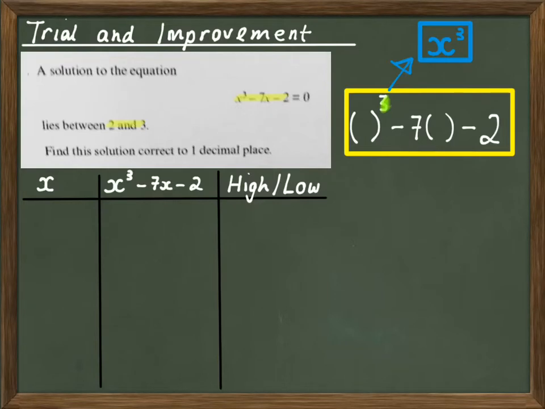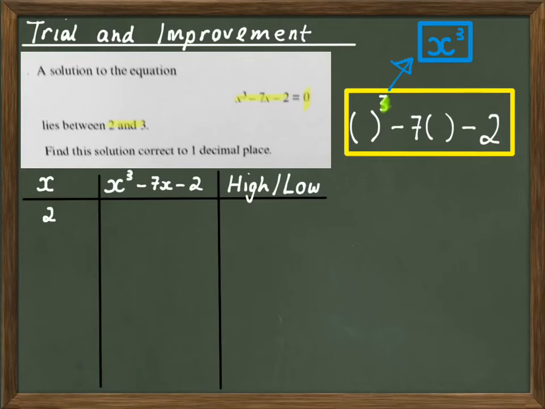First step, to get your first marks, all you need to do is use these 2 numbers. So when x is 2, and I've written it there, I'm going to type that into the equation. So using the cursor button on your calculator now, don't delete the display. Using the cursor button, just like you would on a text message on a phone, go back, and everywhere between them brackets, I want you to type in 2.